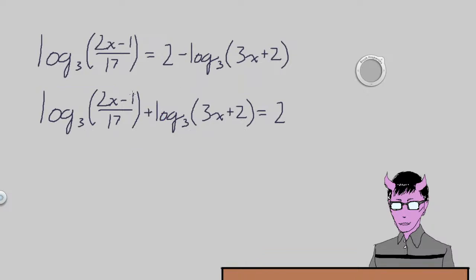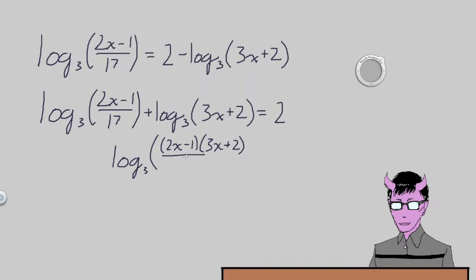This is a plus, so we can multiply argument number 1 to argument number 2 to consolidate into one term, log base 3 of this thing times that thing. Should we bother distributing? Let's leave it alone for now. I think we have to distribute it at one point, but let's leave it for now.